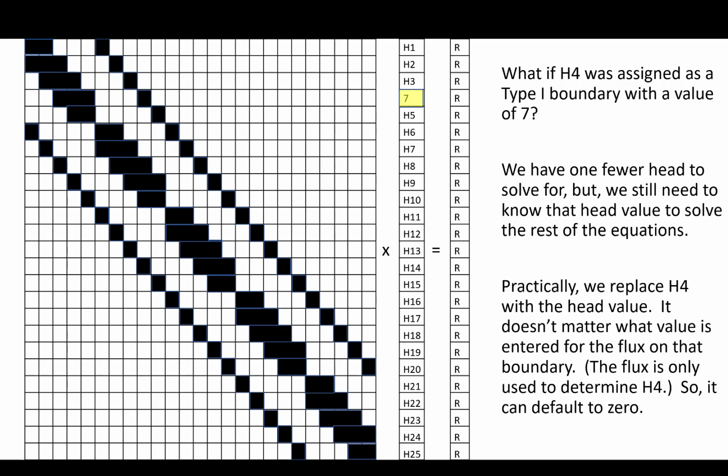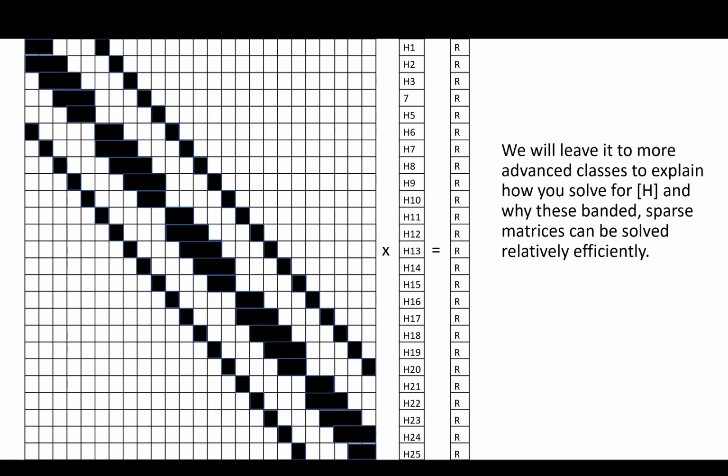Practically, we replace the H4 value with 7, and the right-hand side is no longer included in any of the equations, so it could default to 0. In more advanced classes, you'll learn why these banded, sparse matrices like this K matrix are relatively easy to solve compared to more complete matrices.